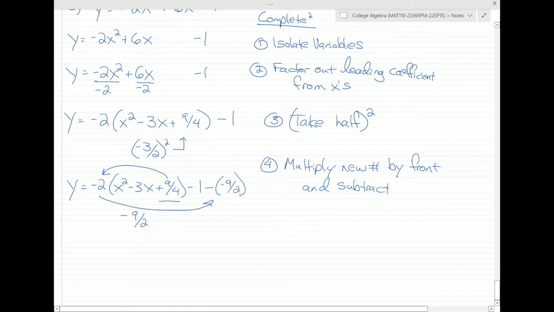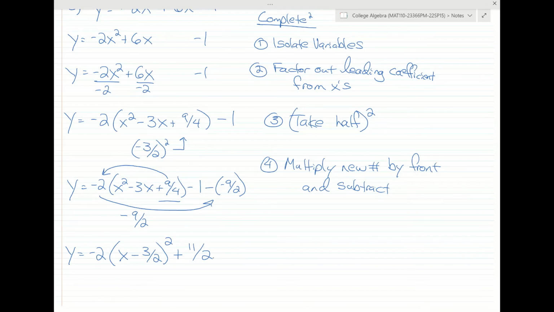By doing this process, we created a perfect square: -2 times x minus 3/2 squared, and -1 plus 9/2 is 11/2. We had to get it into vertex form ourselves by following those 4 completing the square steps.